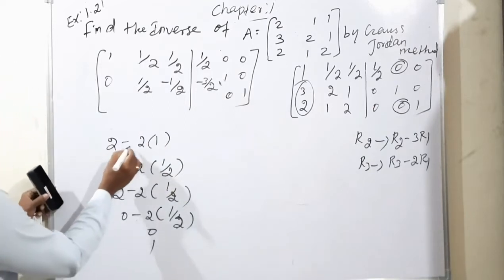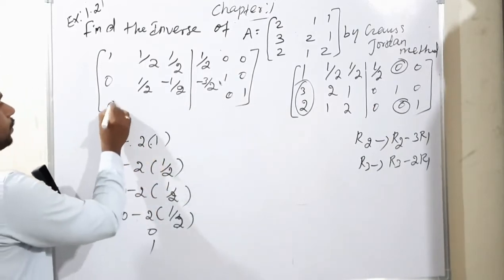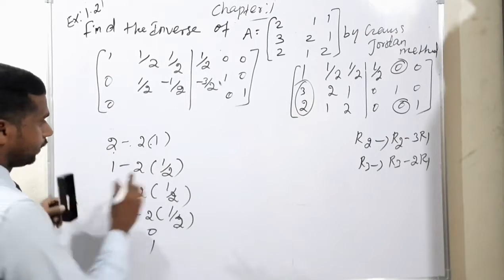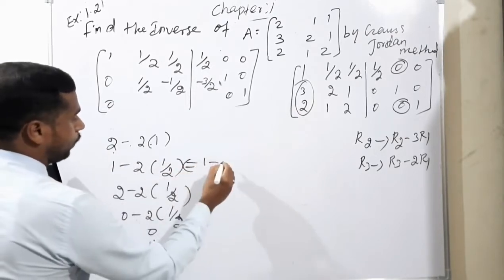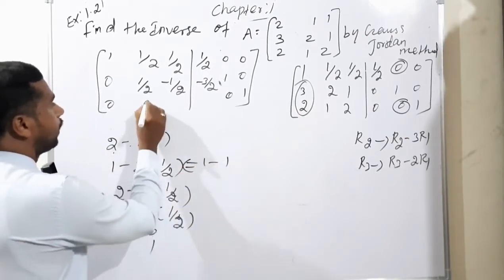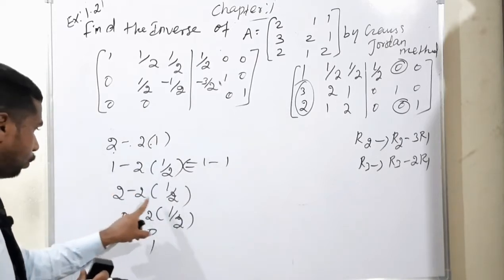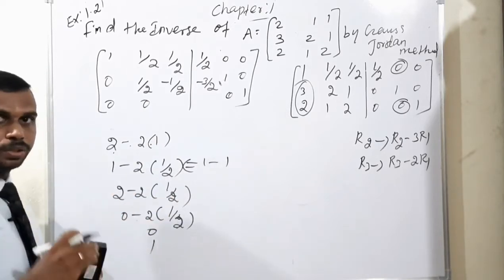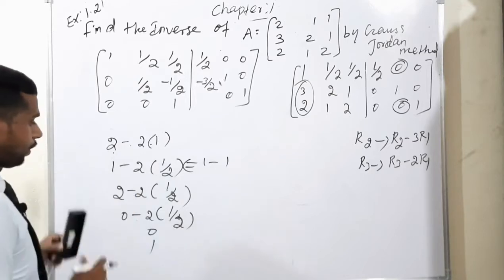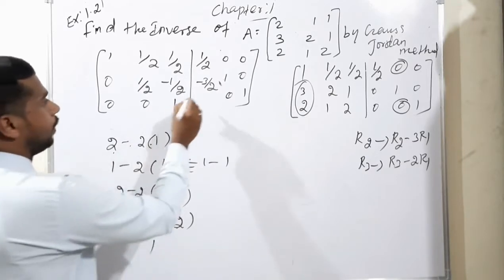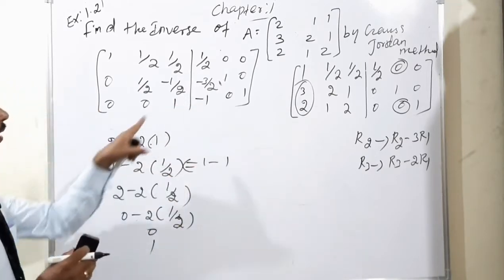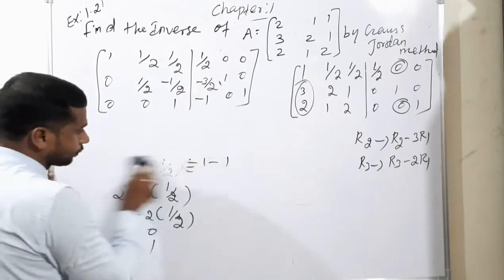Remaining, 2 minus 2 into 1, 2. So 2 minus 2 is equal to 0. Next condition, 1 minus 2 by 2 means value will be 1, so automatically value will be 0. Next condition, 2 minus 2 by 2, so 2 minus 1, value will be positive 1. Next condition, 0 minus 2 by 2, value will be minus 1. Okay, second term also over. Next.